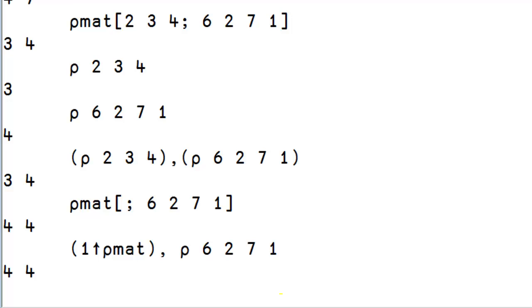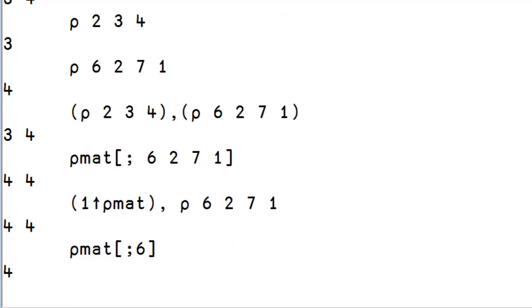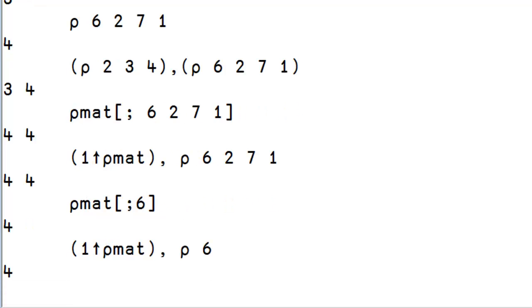We have 4 rows, and the 4 columns we picked, we end up with a 4 row and 4 column matrix result. Again, if this time we index with a scalar, we get 4 by nothing, so we get a 4 element vector. Because the shape of the scalar is nothing. So if we take the first element of the shape of the matrix, which is 4, and we catenate to it nothing, we get 4. So the shape of the result is 4.